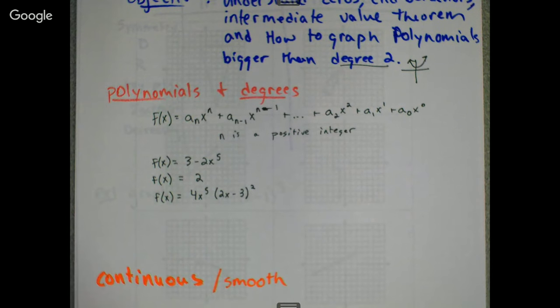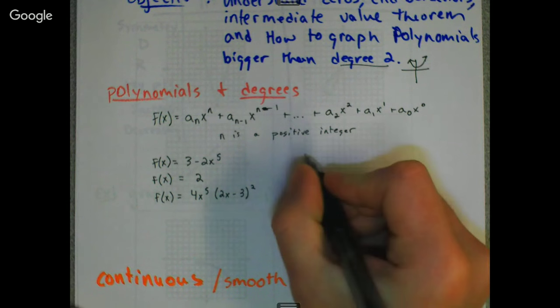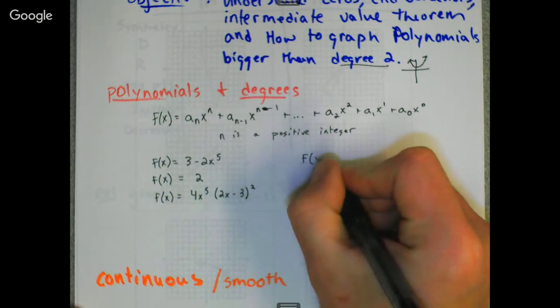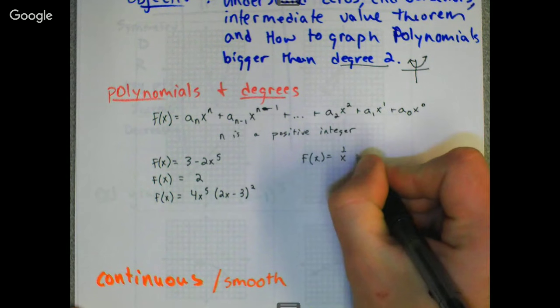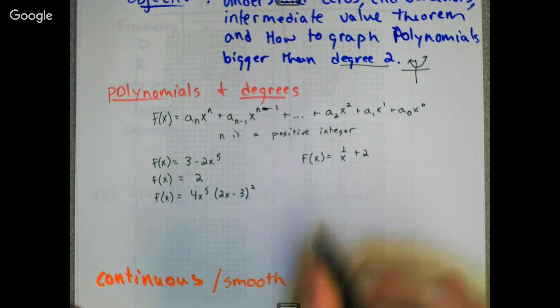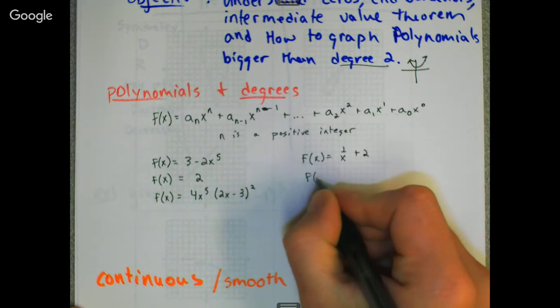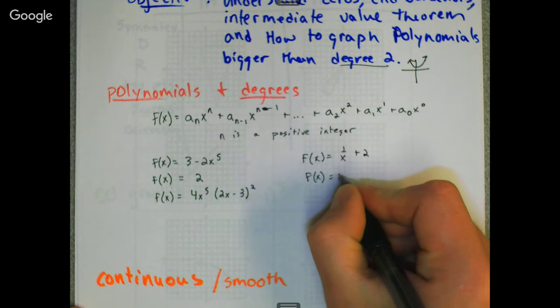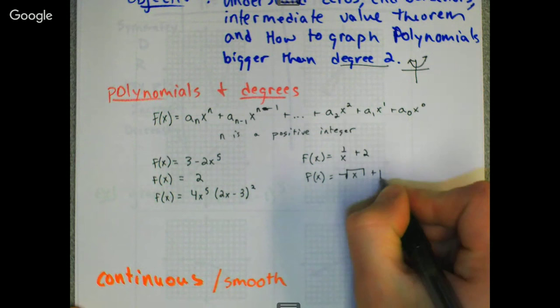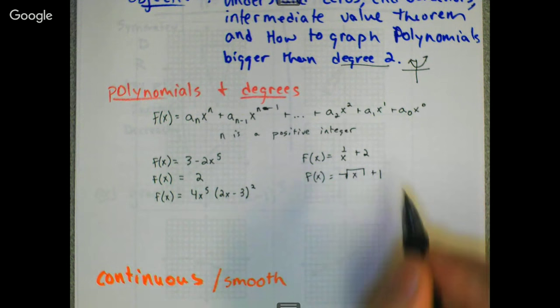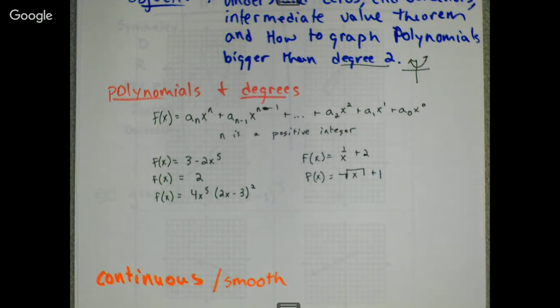So something that would not be a polynomial would be something like this, because this would be a -1 exponent. Something like this, because we've talked about how the radical is just a fractional exponent.